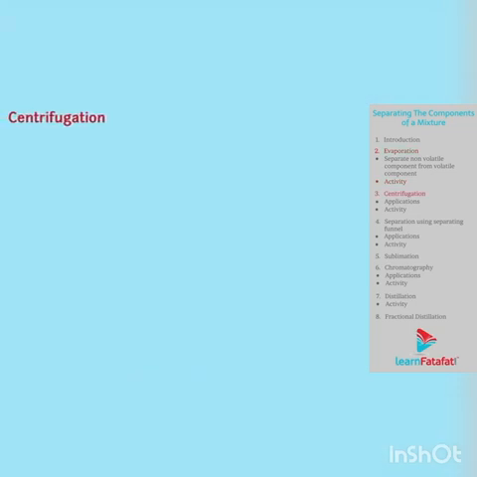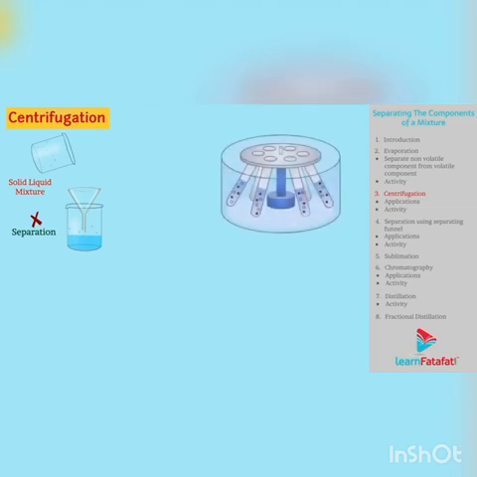Centrifugation. Sometimes in solid-liquid mixtures, solid particles are so small that they easily pass through filter paper, thereby making their separation impossible. In such cases, the technique of centrifugation is used. In this method, a solid-liquid mixture is allowed to spin in a container.